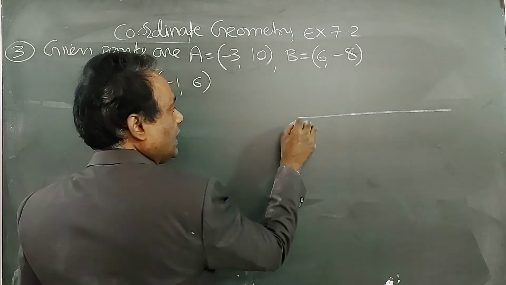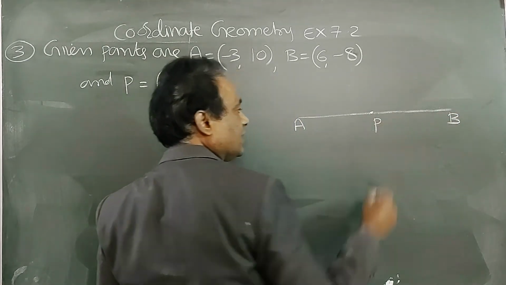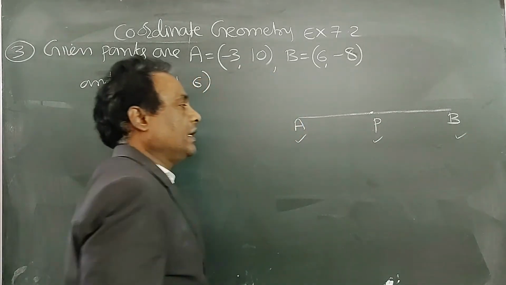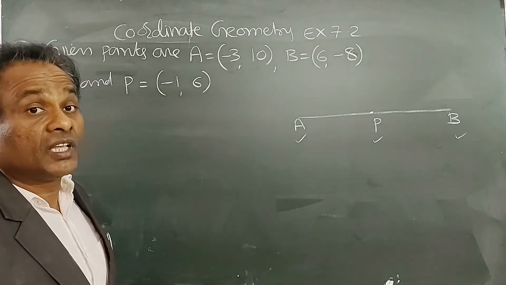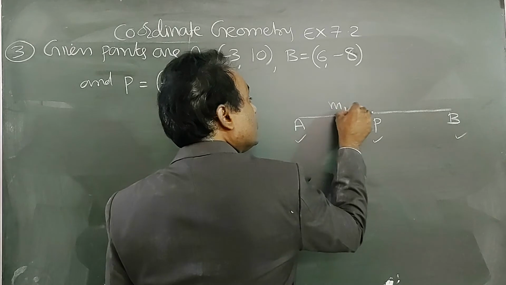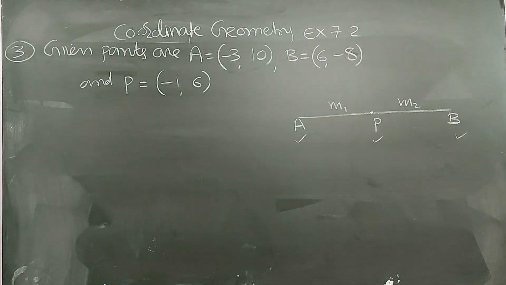A is a point, B is a point, and a point P is also given. In what ratio does P divide AB? That is what we have to find.